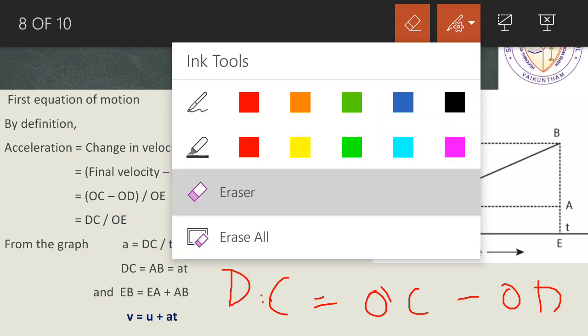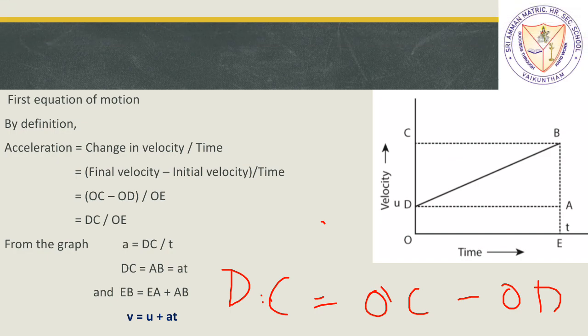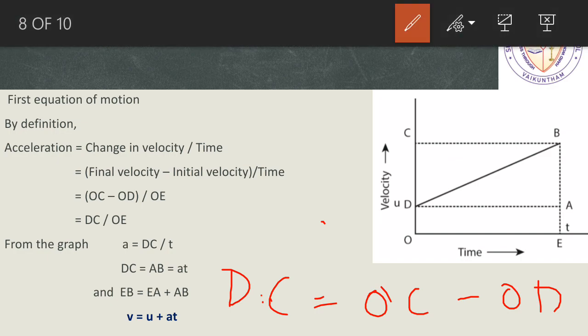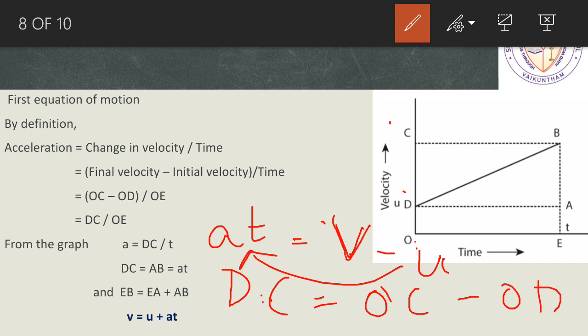So DC we can write as AT, which is equal to OC, that is V, minus OD, that is U. Rearranging this, you will get V is equal to U plus AT. So you need not always go for taking AB again.